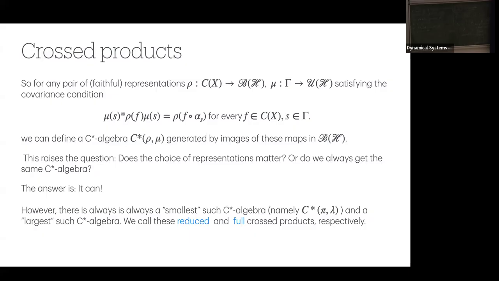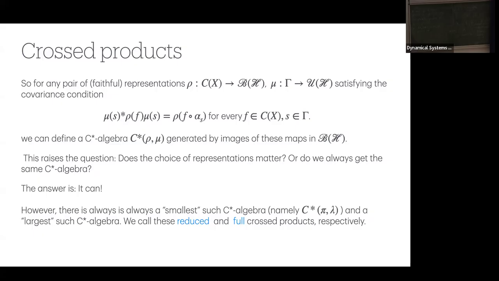So what do I mean by this? Essentially, they have a similar dense star algebra, but their completions are different. Their C-star norms are different. So the C-star norm of the full is going to be larger than the C-star norm of the reduced. Essentially, this is coming from considering all covariant representations and taking a supremum. Of course, to do that, you need to know that there's some bound on such things.